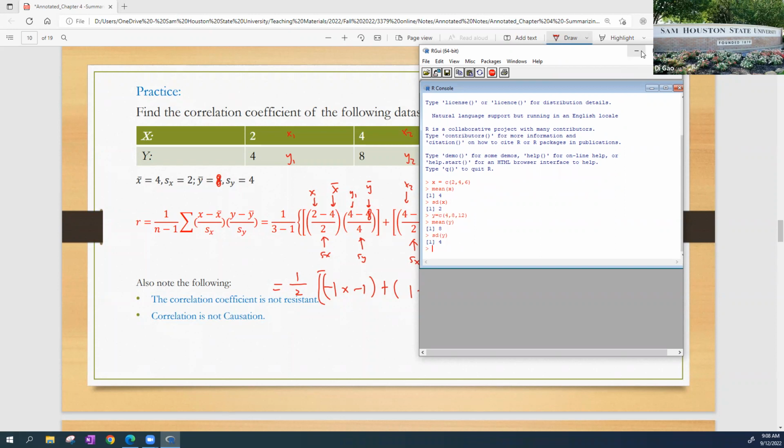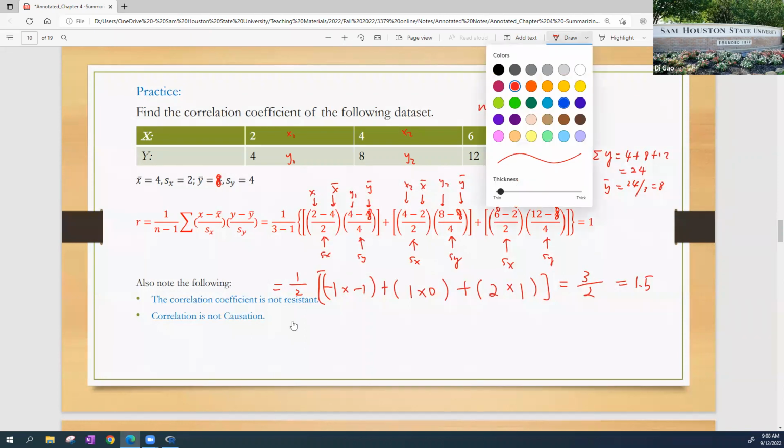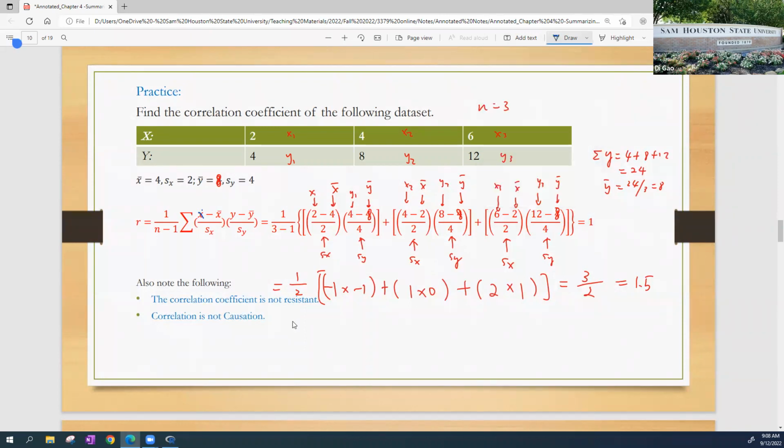And then let's look at the formula. So for x we have 2, 4, 6.